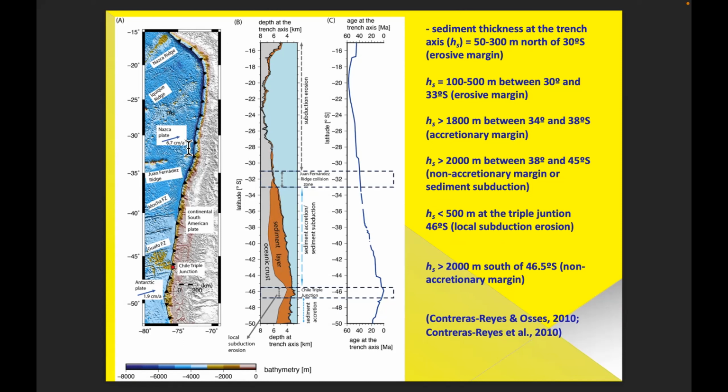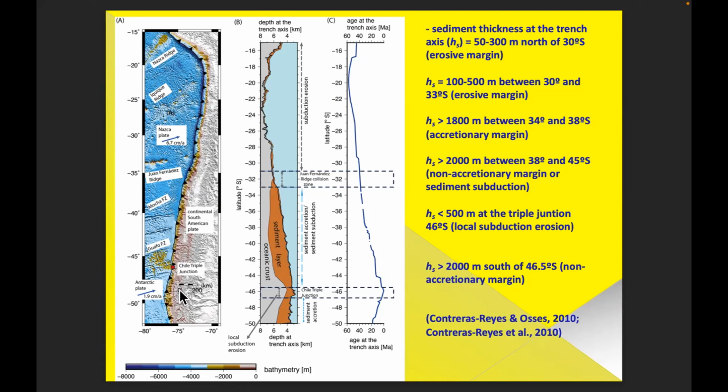Within the study area of Subduction 4D, we have this dramatic change from sediments less than 300 to 400 meters, up to 2 kilometers or more in south central Chile, between the Juan Fernandez Ridge and the spreading center at the Chile Triple Junction.